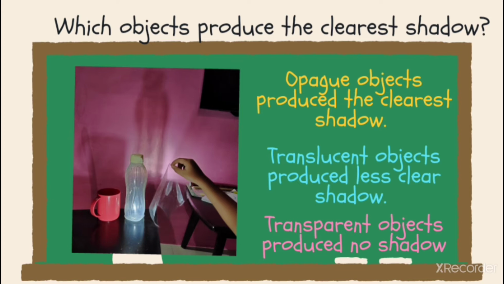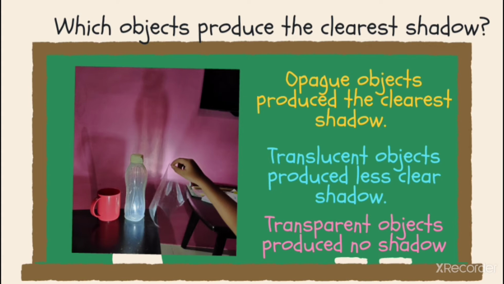Meanwhile, the shadow of the plastic bottle formed on the screen is less clear compared to the mug. If you can see in the picture, the plastic bottle's shadow on the screen is less clear.